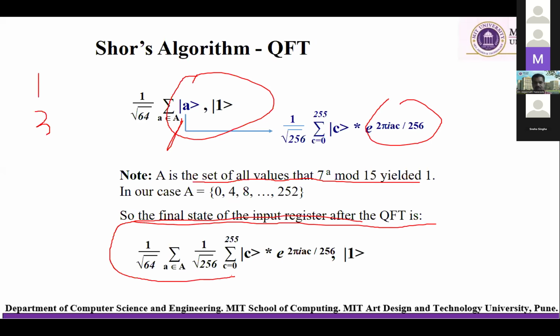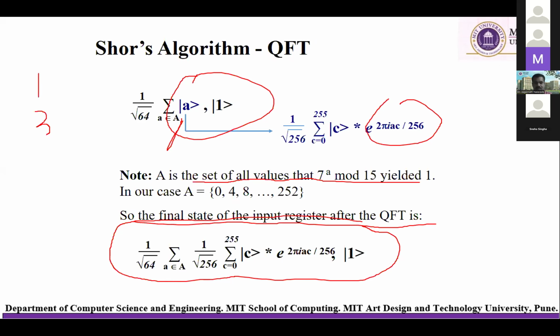this is the final outcome from Shor's algorithm: 1 by 64 summation over a, where capital A is nothing but the set of all the values for which 7 raised to a mod 15 equals 1. As we have checked, a is 0, 4, 8, 12, 16, 20, like this, 64 values for a.